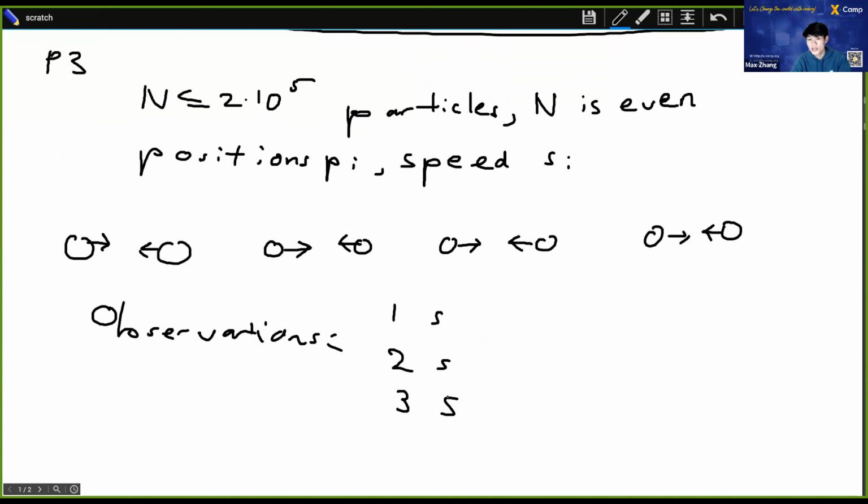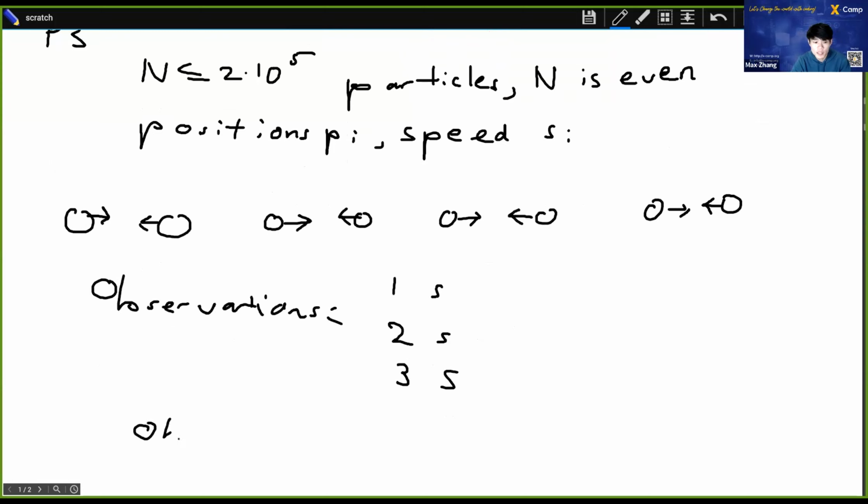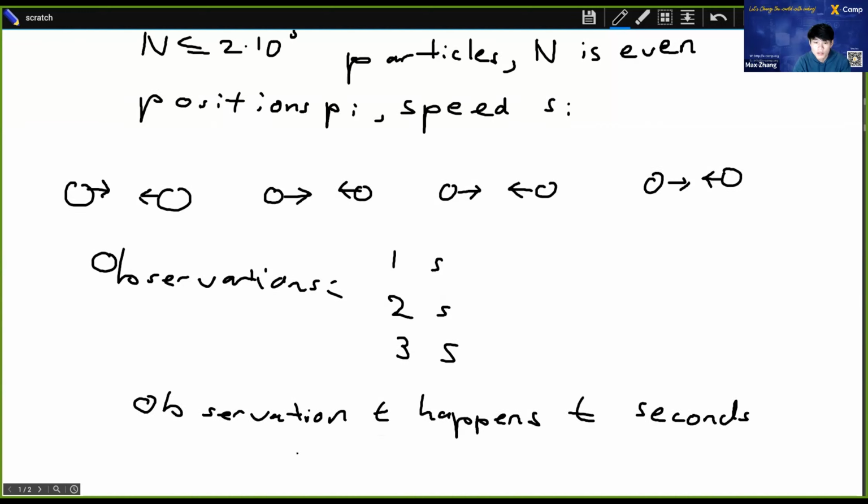So basically, observation t happens t seconds after observation t minus 1. That's the rule that we will be following for when these observations happen.